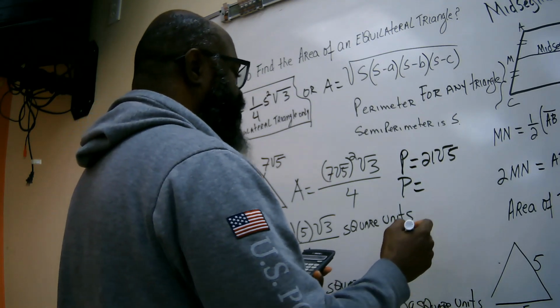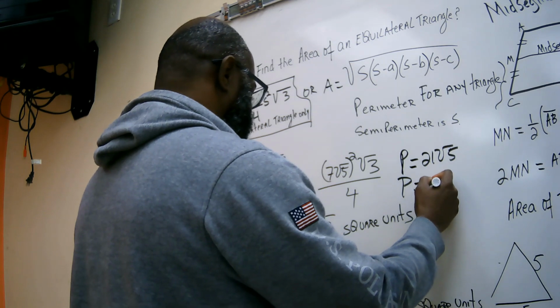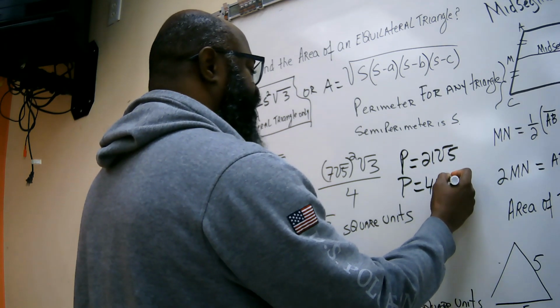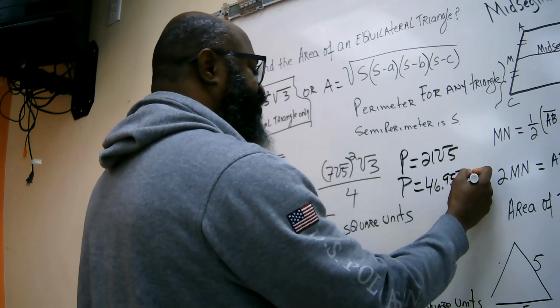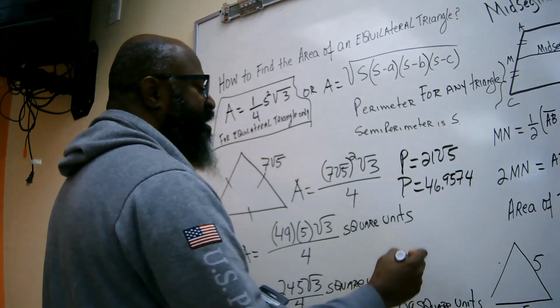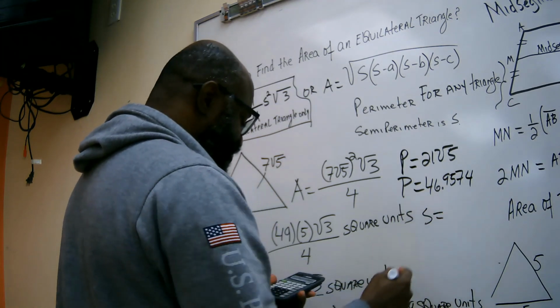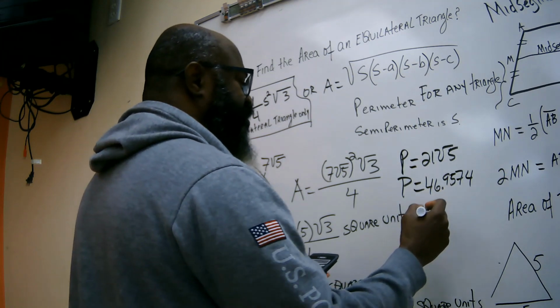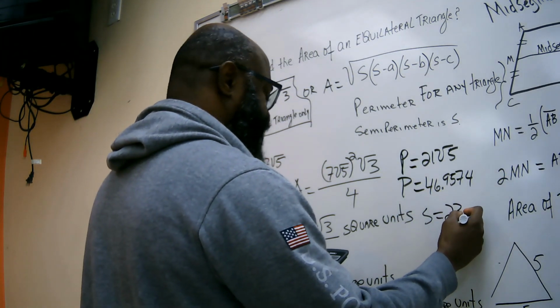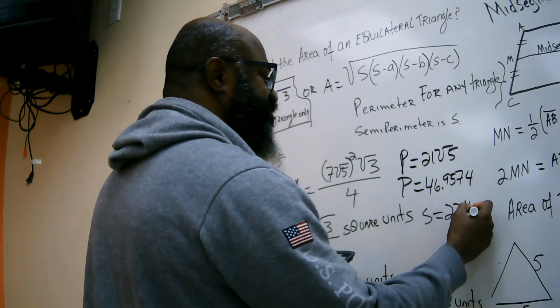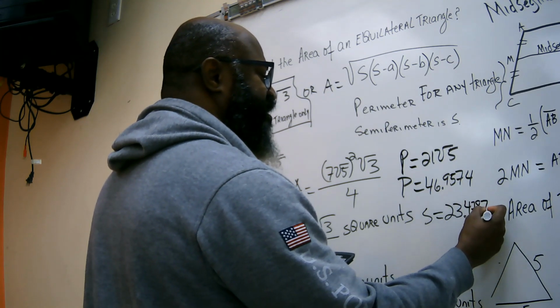In this case, P is 46.9574. Then to find S, you divide this by 2, which is 23.4787. So I'm going to keep all of that.